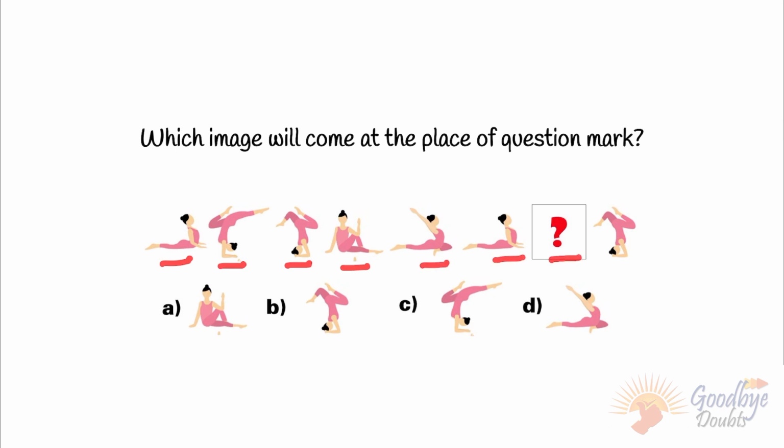One is missing and another image is this. As I told you earlier, try to find out if there is something which is getting repeated. This image is on the first place, this is on the second place, this on the third, this on the fourth. Till now we have encountered all unique images.